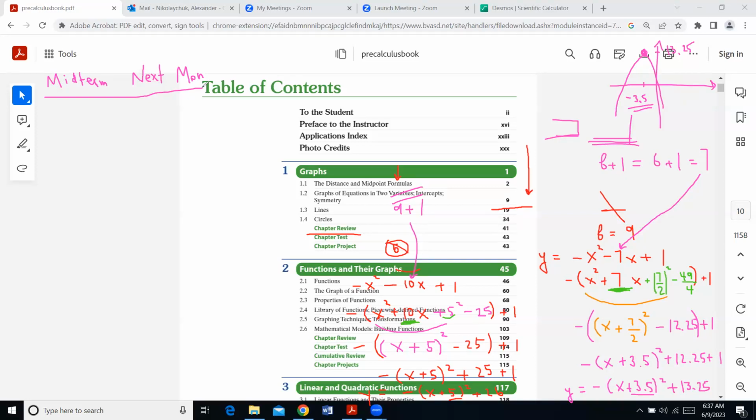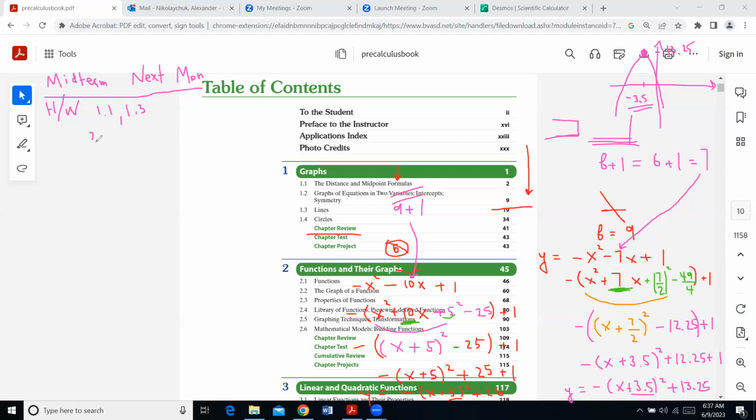That day, homework is also going to be due. For the homework, you should do problems from those sections that we covered in class. We did 1.1, and 1.2 was barely touched, so it's basically 1.1 and 1.3. If you did something from 1.2, it's great, you can also submit that.